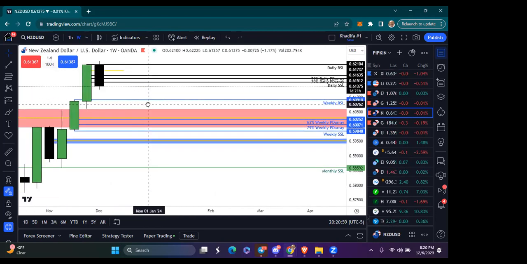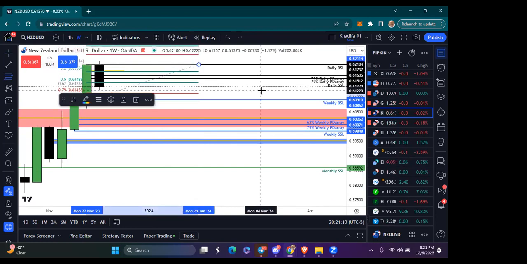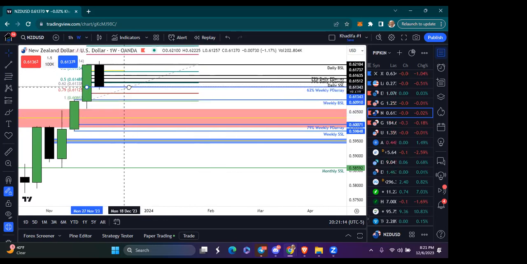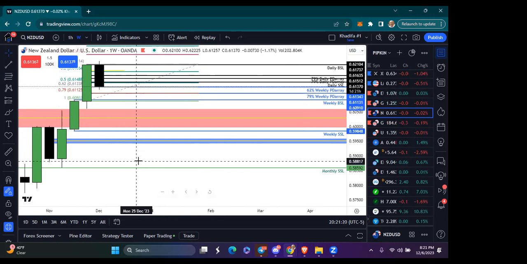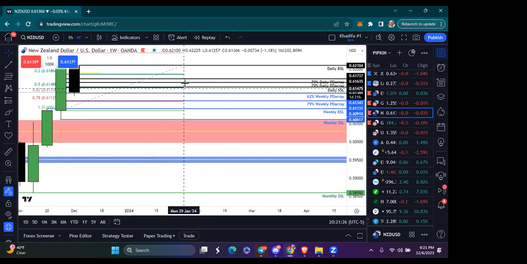Let me go ahead and trigger and then change that. I was wondering why those weekly discount arrays were looking so far away. I was like, why are they so far away? All right, there we go.